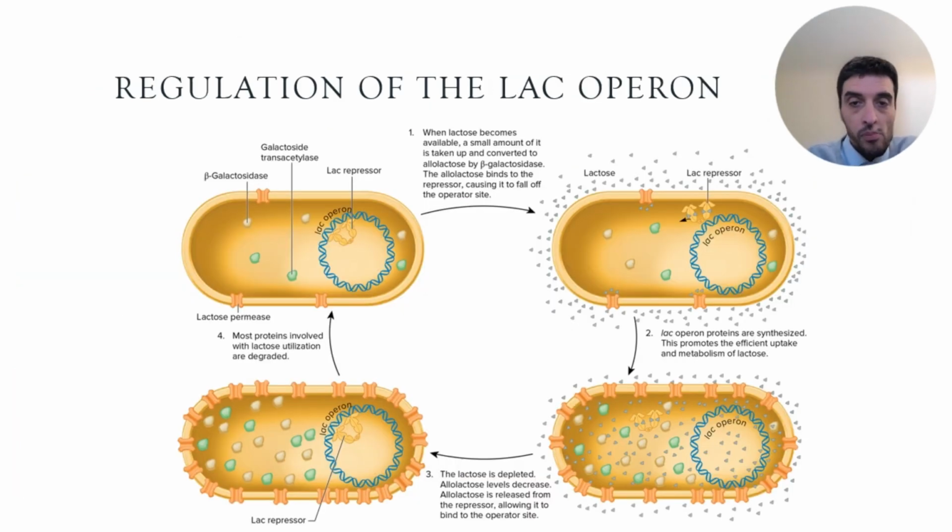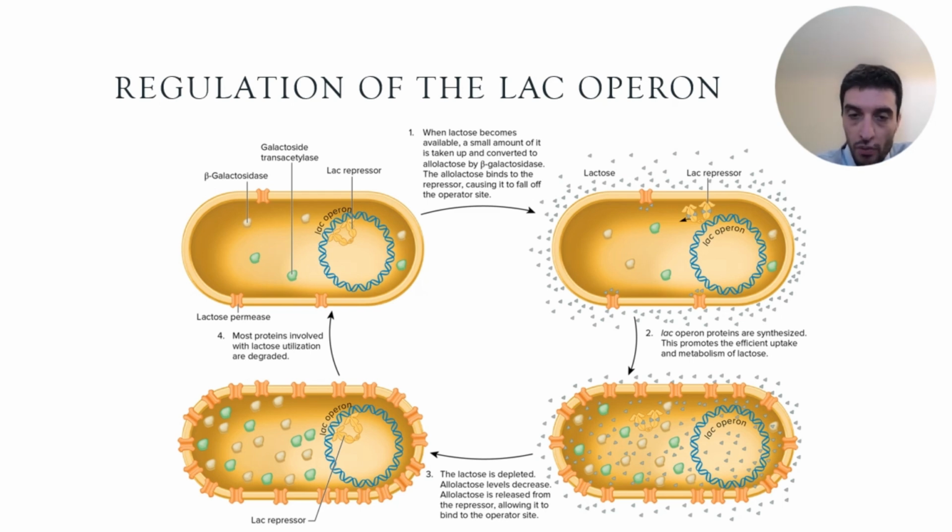Okay? So here is just an example to get more visual. When there's lactose outside, the lac operon is no longer going to be repressed. This is going to allow a bunch of enzymes to be produced, and it's going to allow the lactose to enter the bacteria cell.